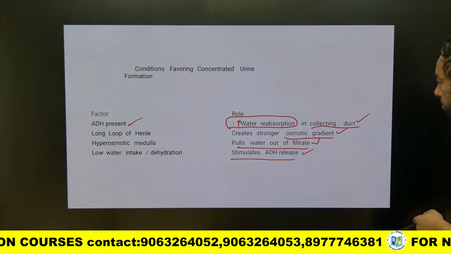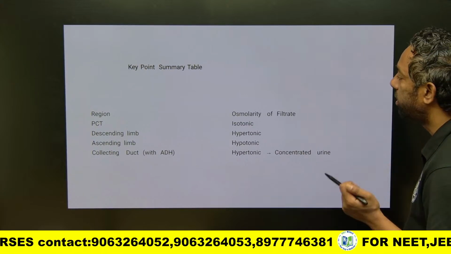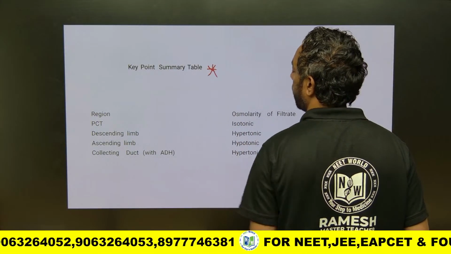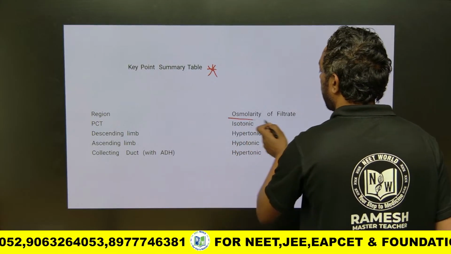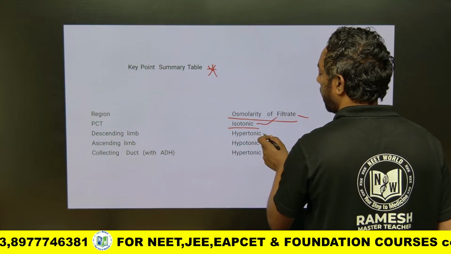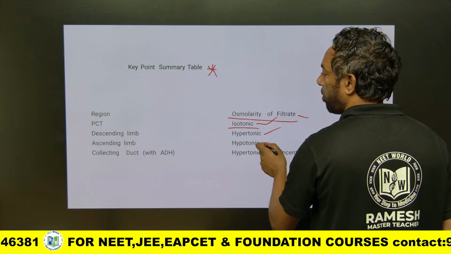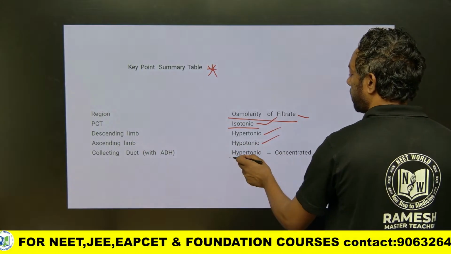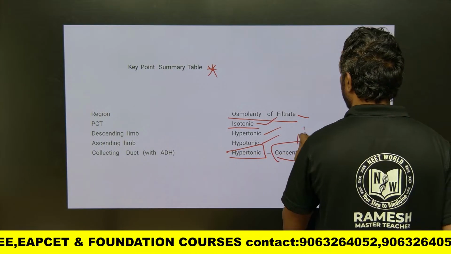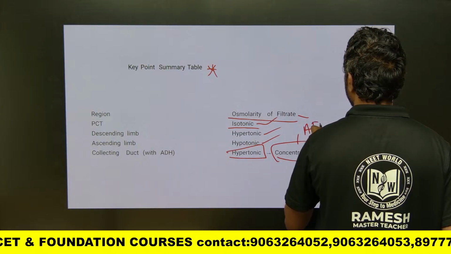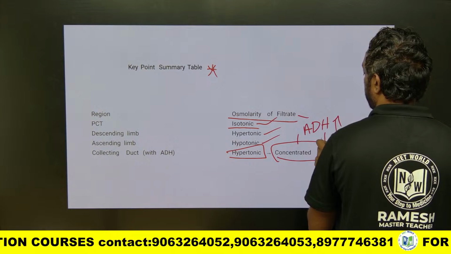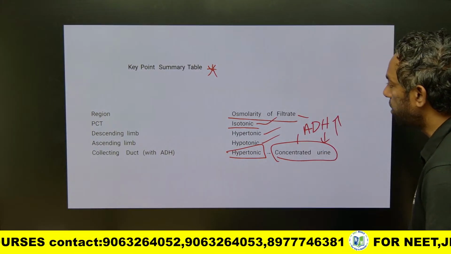Okay, key points, this is important for NEET, guys. Osmolarity of filtrate: PCT is isotonic, descending Henle loop hypertonic, ascending Henle loop hypotonic, collecting duct hypertonic, so concentrated urine is produced with ADH. The hormone increases reabsorption.